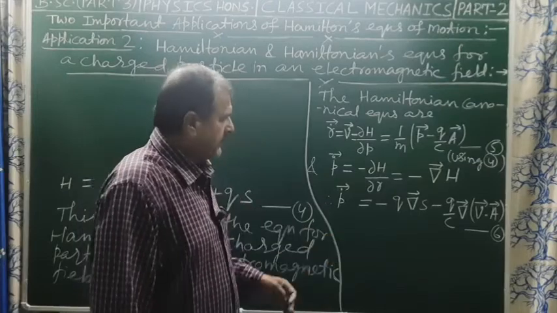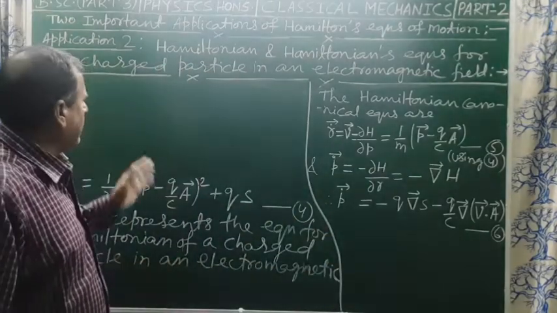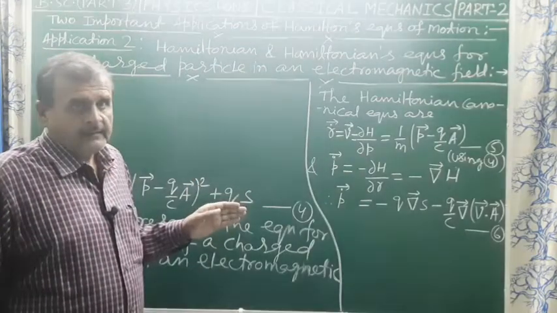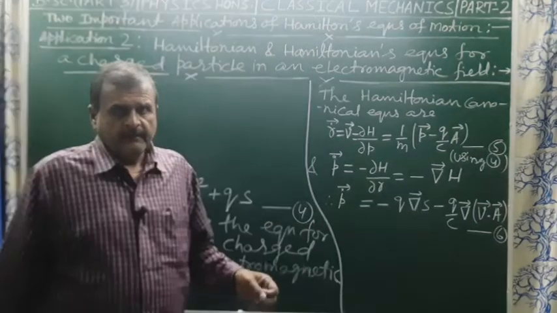This is equation number 6. So both equations 5 and 6 represent Hamilton's equations of motion for a charged particle moving in an electromagnetic field. And this ends the video.